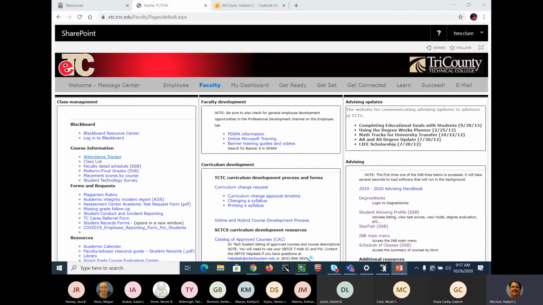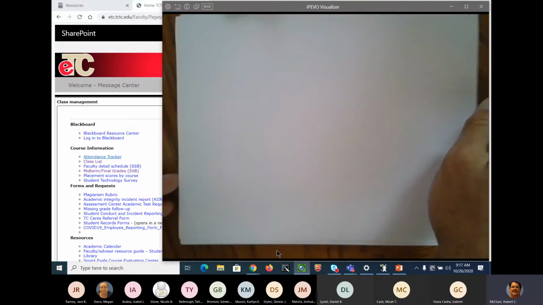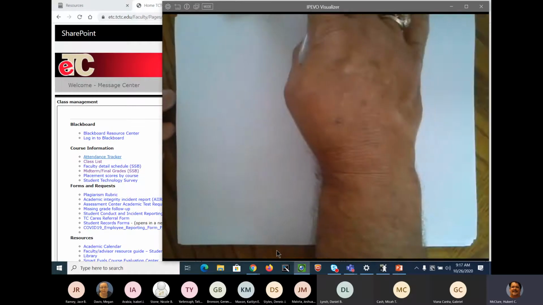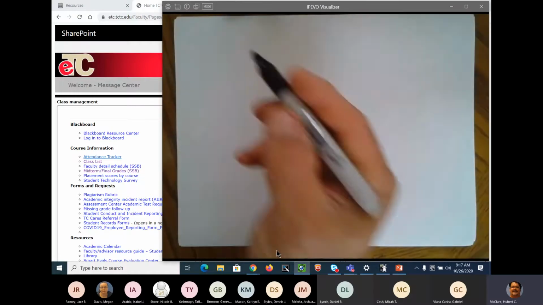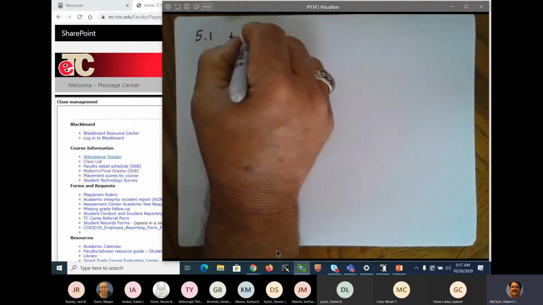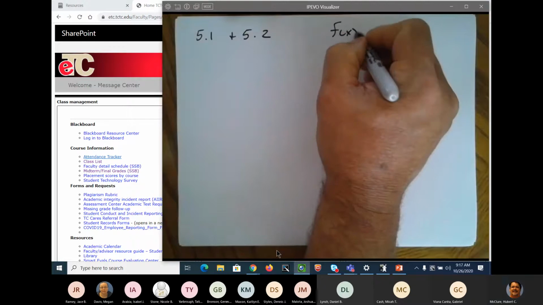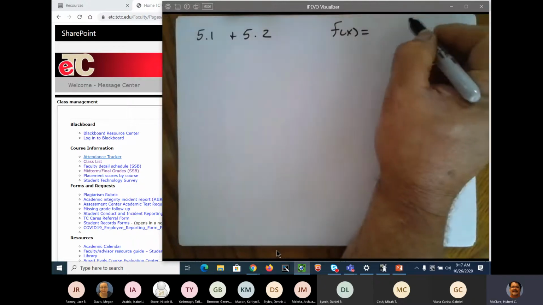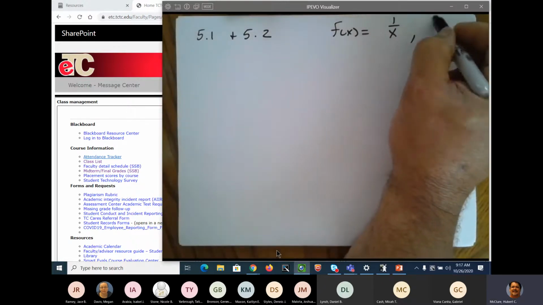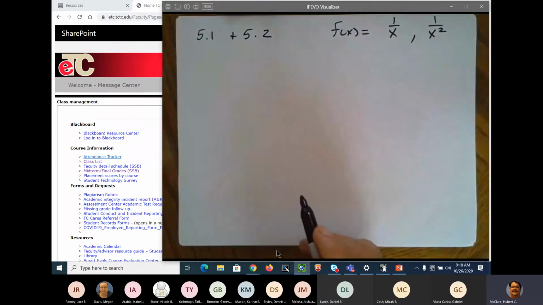Before, in chapter 4, or whatever chapter before this one, 5.1 and 5.2, we went over f of x is equal to 1 over x and 1 over x squared, and the family of those graphs.